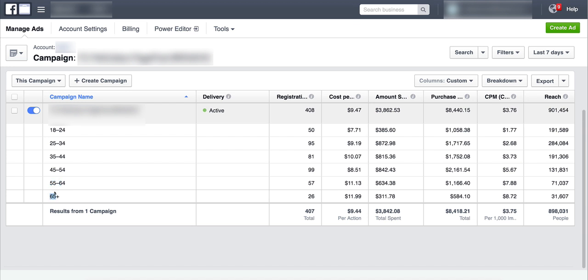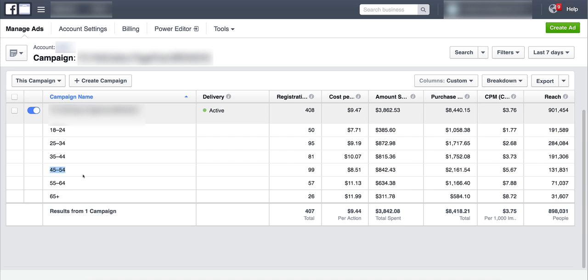Let's eliminate the three worst converting age groups, which would be 35 to 44, 55 to 64, and 65. But see, there's this golden nugget right here that you would never know about unless you split tested it out. Then you can go in, shut down your losers, right? And leave yourself with the three winners. And your campaign goes from a negative to a positive, or a break even to a positive.